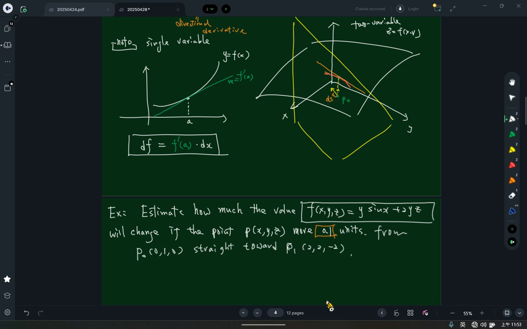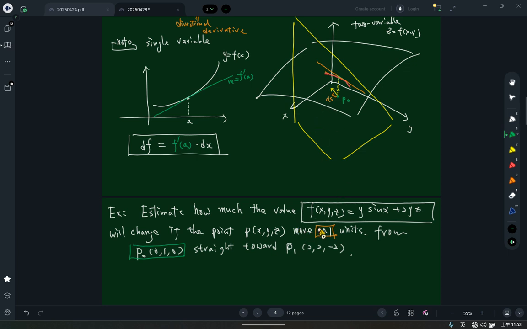Okay, so you can see P0 is here. I'm trying to use the same color to map the rows from the question to the abstract concept here. So you can see surface is here, even though it is not a surface, because this is a 3-variable function.